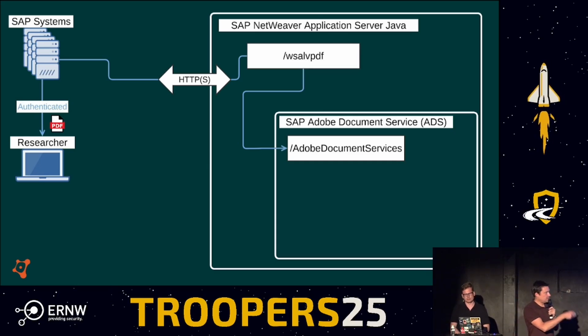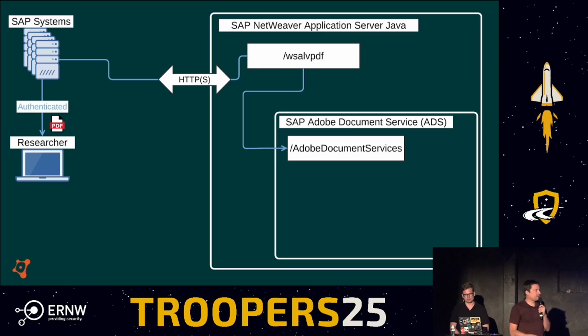And then the web service communicates with Adobe Document Services. As you may notice, we created a box with SAP ADS on the bottom right, and the WSILV PDF is not a part of the ADS. We realized that it's a part of Java NetWeaver, the BI component.